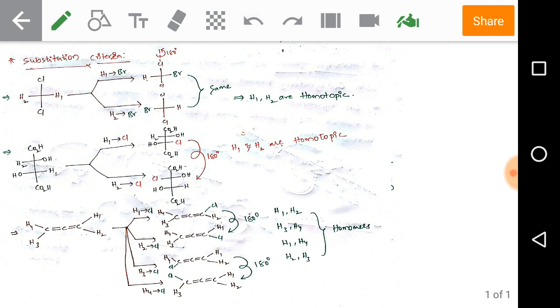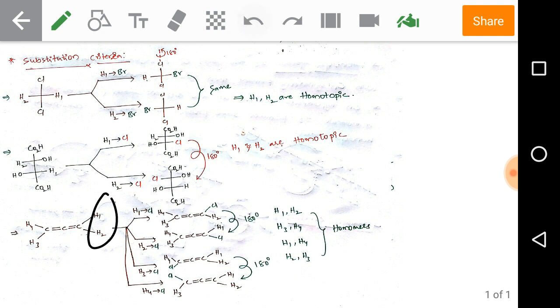By substitutions with chlorine, we get these two stereoisomers, and they are similar, they are same. By just taking a C2 axis, or by just rotating one stereoisomer, we can get another stereoisomer. Hence, H1 and H2 are in homotopic relationship, and these two stereoisomers are homomers.